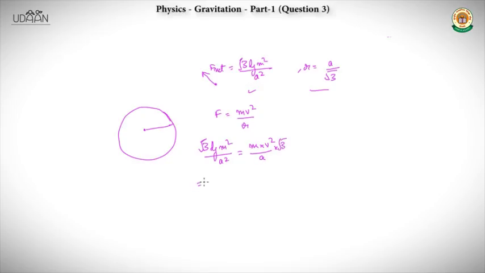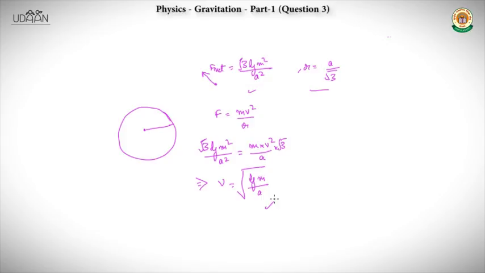So all these things would cancel out, and the velocity would come out to be under root Gm upon a. The mass will cancel out and you can simplify it. Now that we have the velocity, the first part of the question is over.